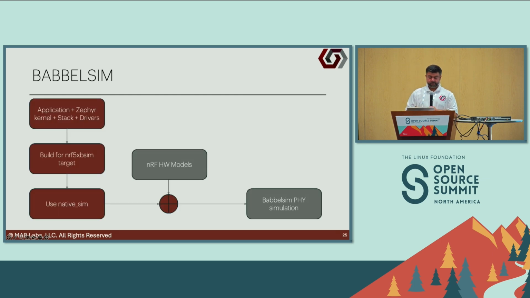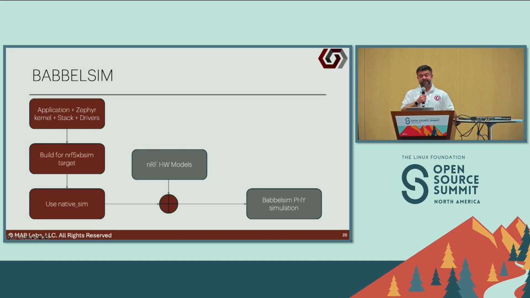This is another description of how the software comes together. You have your application, your Zephyr kernel, the stack, the drivers, et cetera. You compile it for a variant of the native sim target called the NRF52 BSIM.